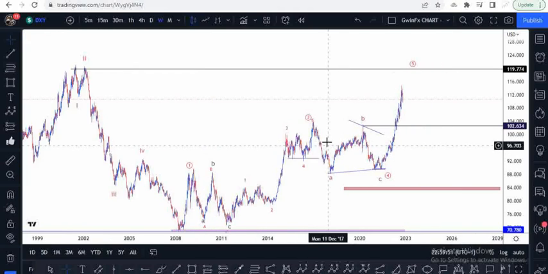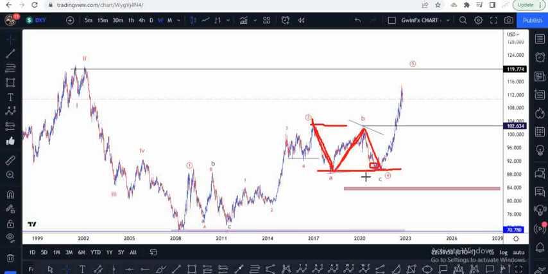Okay, so looking at this small environment here, what we could identify is definitely a running flat, or a flat as I would call it. So we have an A, a B just about the extreme of this high, and we have another C not breaking below the previous point of the A wave, and this is a very unique flat.